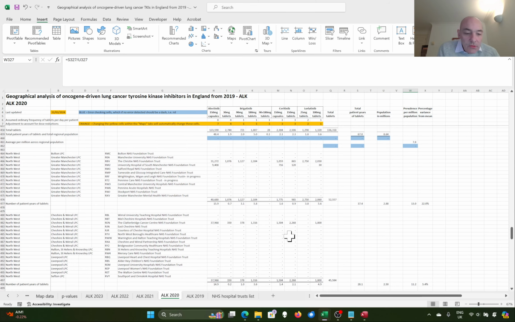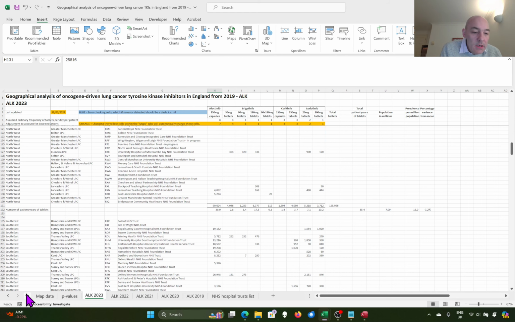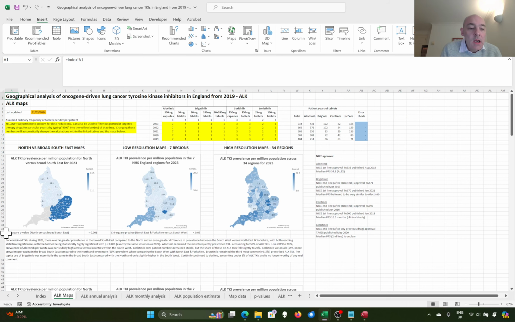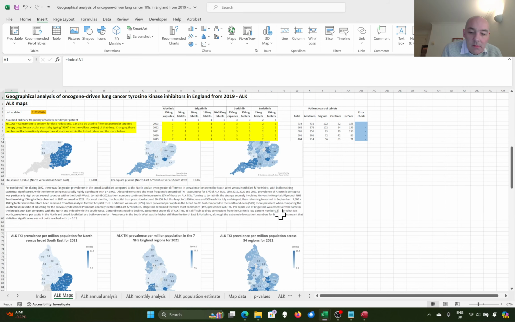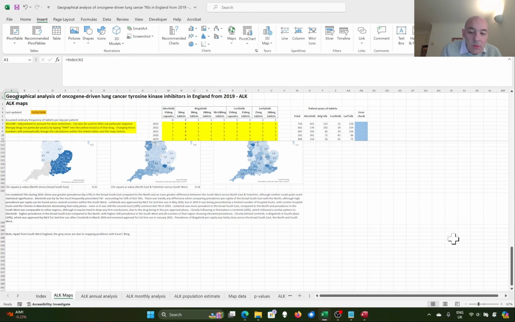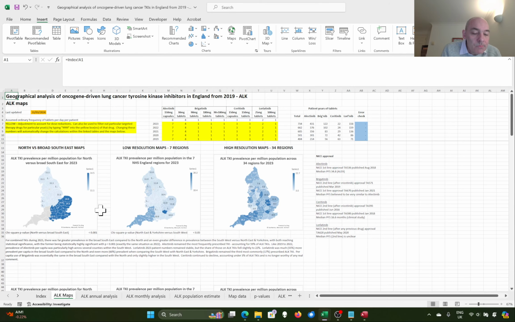With that data, I've then been able to map it onto a mapping solution. So this is the Excel maps, Excel Bing maps that I can use within Excel. It's not perfect.